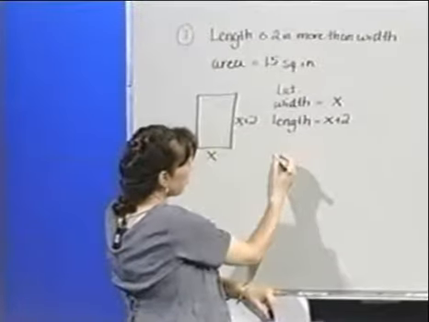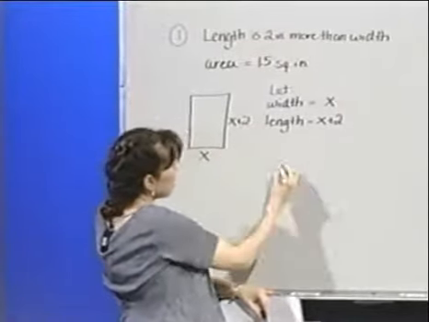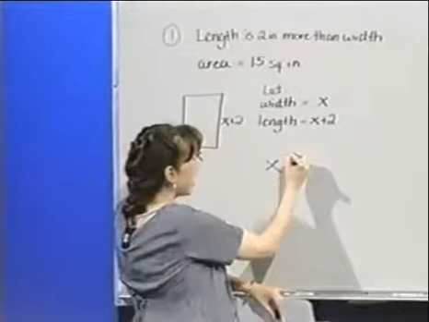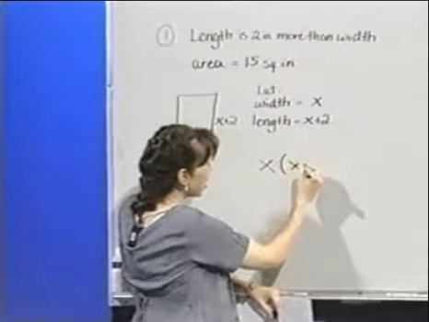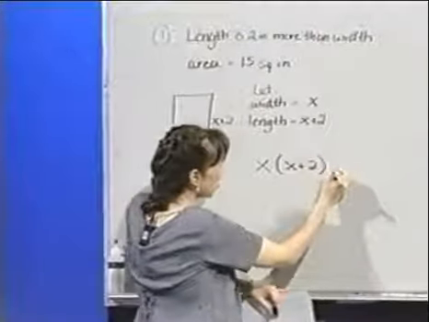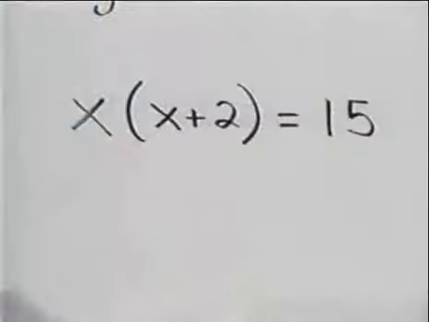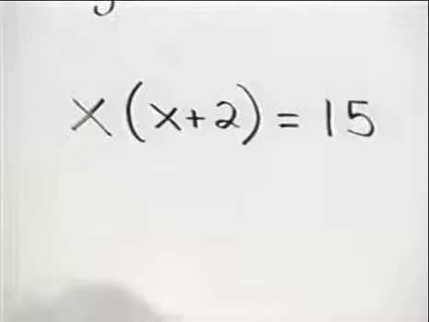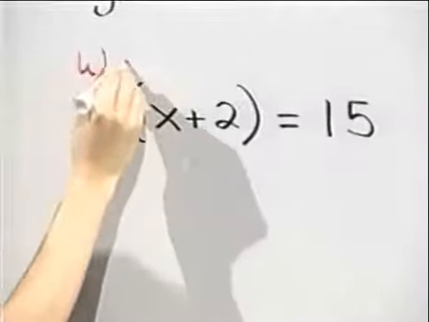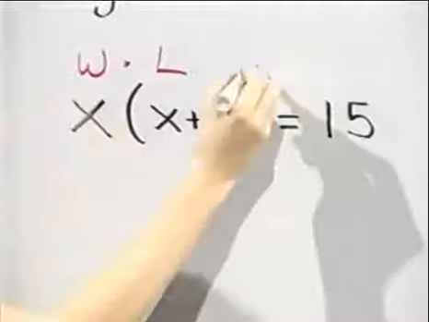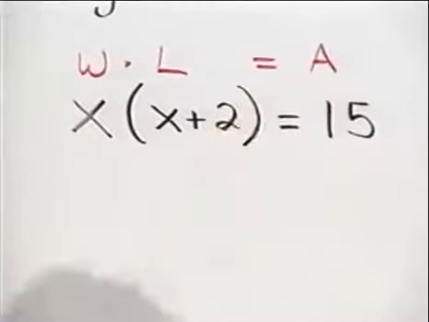So if you take the width, which is x, times the length, which is x plus 2, you should get the area, which is 15. And let me highlight this again with a different color to remind you. This is your width, this is your length, and if you take the width times the length, you get the total area for that calculator. So that's where that equation came from.